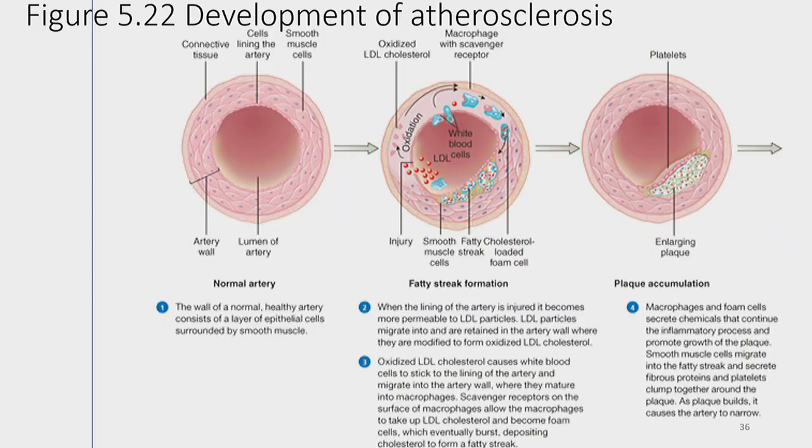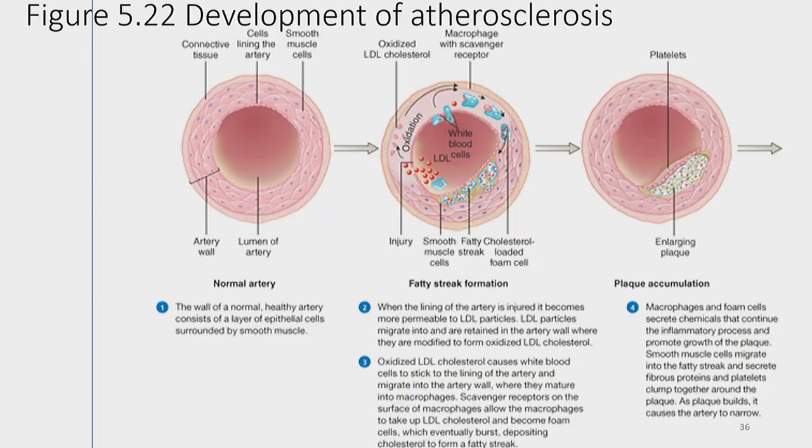If you can see here the process that happens, in the first one, this is the normal artery or blood vessel, and then an injury happens to the wall of the artery. The main reason for the injury is high blood pressure, and there are other different risk factors. We'll talk about them later.